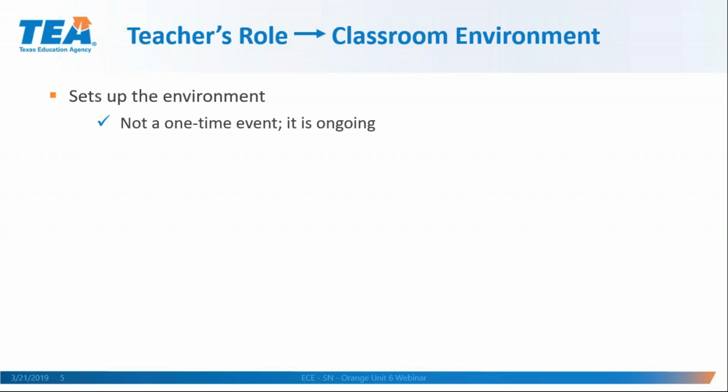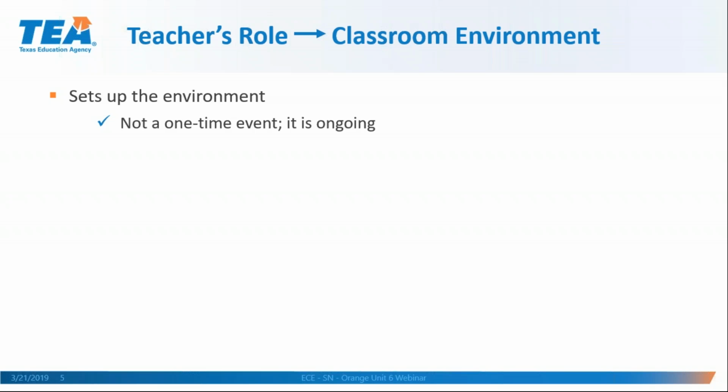Remember, we talked about what is the teacher's role in the classroom environment. And obviously, one of the biggest roles that the teacher has is just to set up the environment. And we talked about how this is not a one-time event. It's not set up your classroom in August before school starts and then it's done for the year. But in pre-kindergarten, it is ongoing.